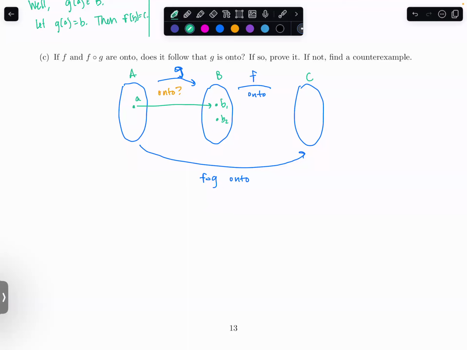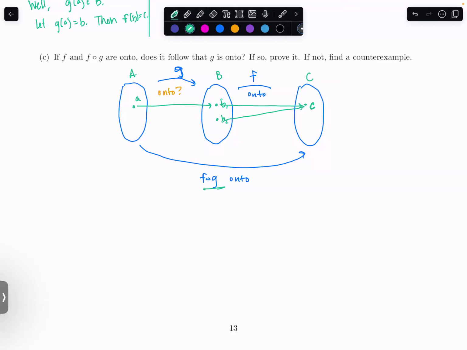Can we still make f and f of g onto? Let's say we have just one thing over here, and both of these guys go there.